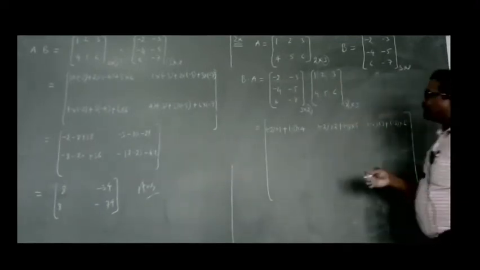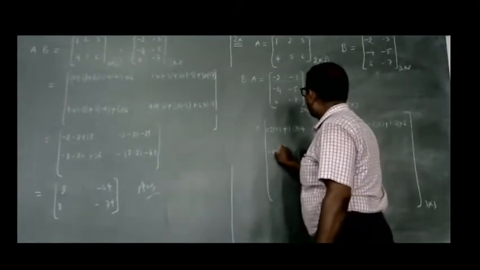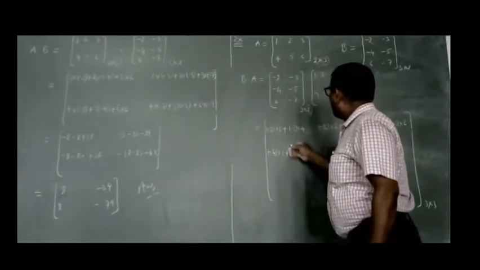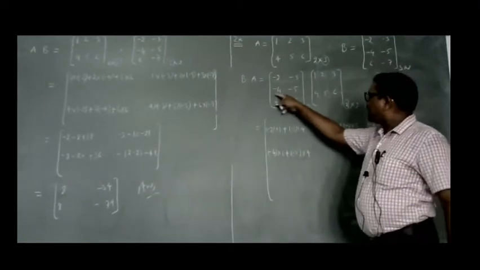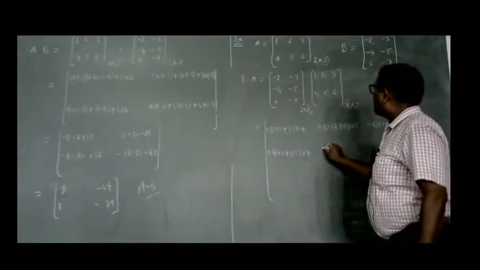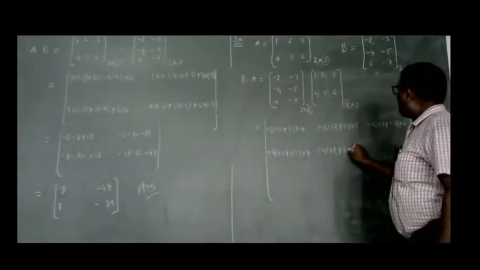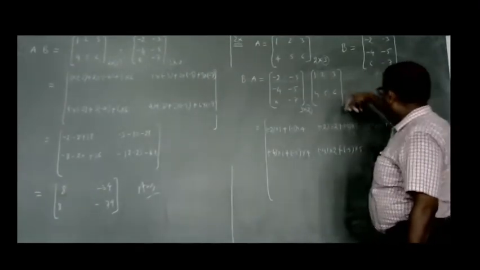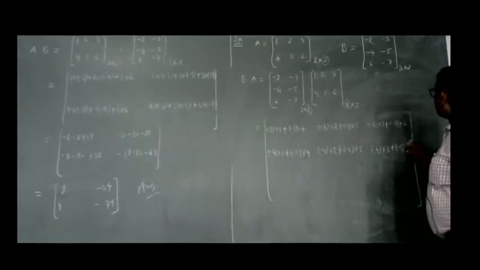Now, when you multiply the second row by the first column, you will find minus 4 into 1 plus minus 5 into 4. When you multiply the second row by the second column, you will get minus 4 into 2 plus minus 5 into 5. When you multiply the second row by the third column, you will get minus 4 into 3 plus minus 5 into 6.